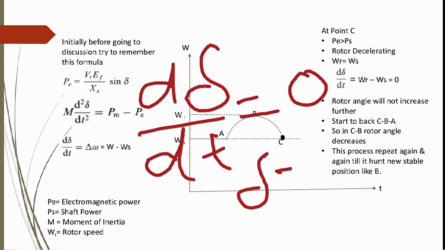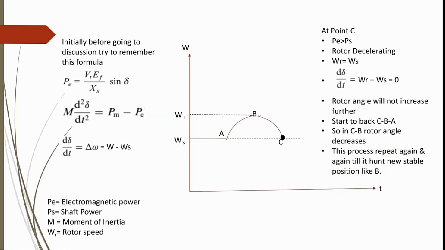That means we will get a constant value of del. After that we will not increase the value of del. Then after that the value of del will decrease.